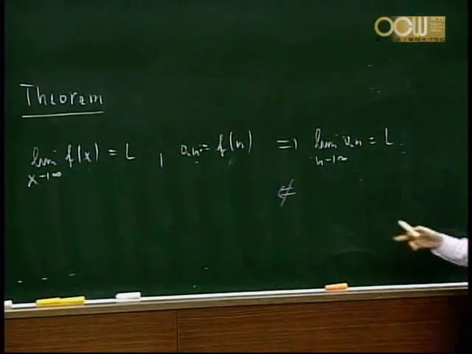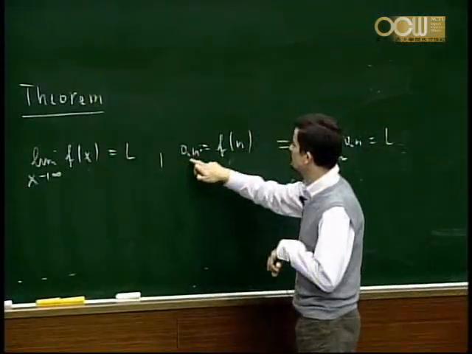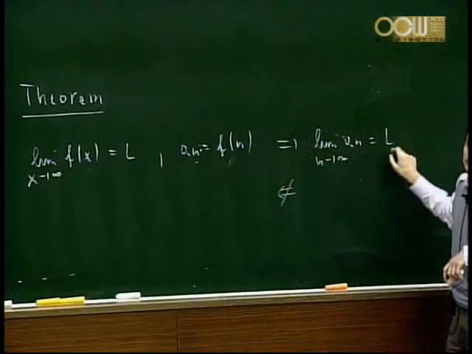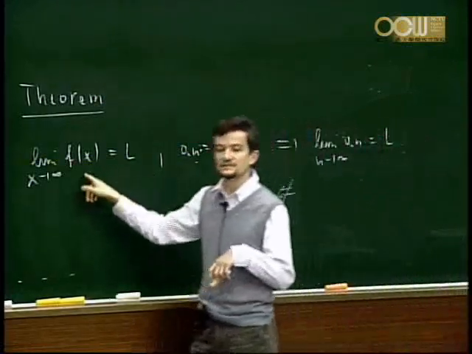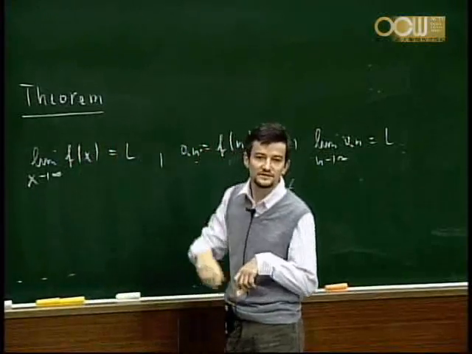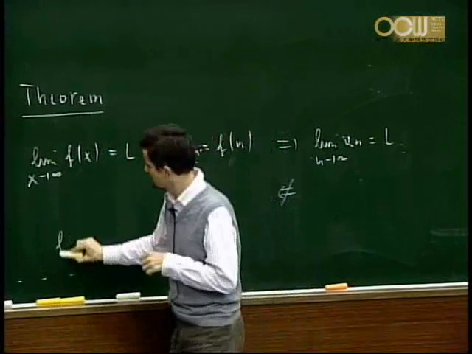The inverse here means that given a function f of n, you define a sequence like this. If you know that this limit exists and is equal to L, this does not mean that this limit here exists. It's quite obvious. Who can give me an example? Or maybe I tell you.